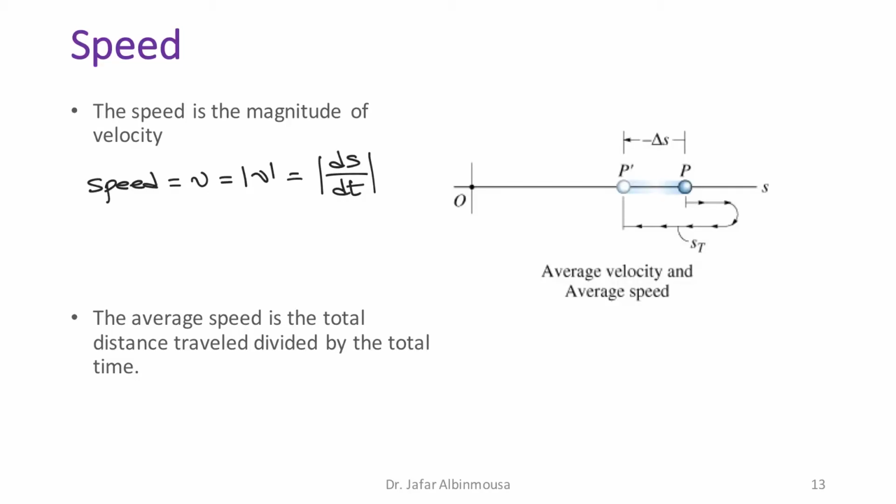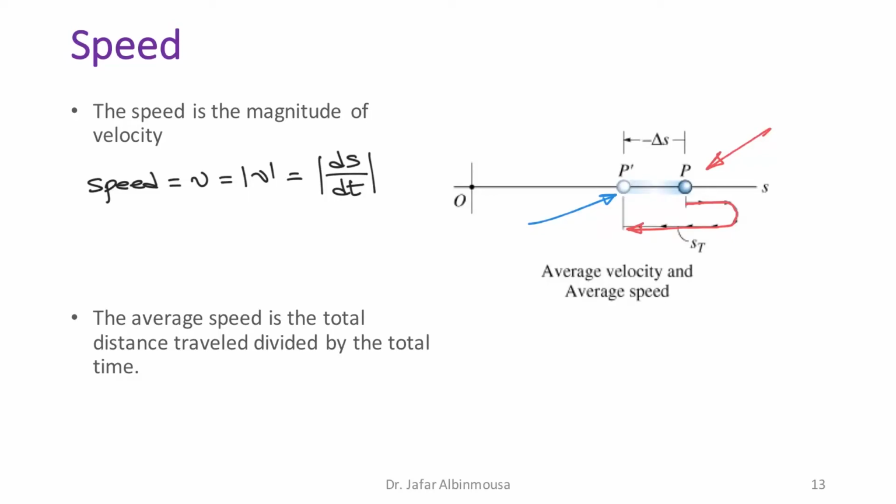So in this example, if you look here on the right hand side, the particle started from this position and then it moved to this position. So the trajectory of the particle was starting from here, going all the way backward to here.